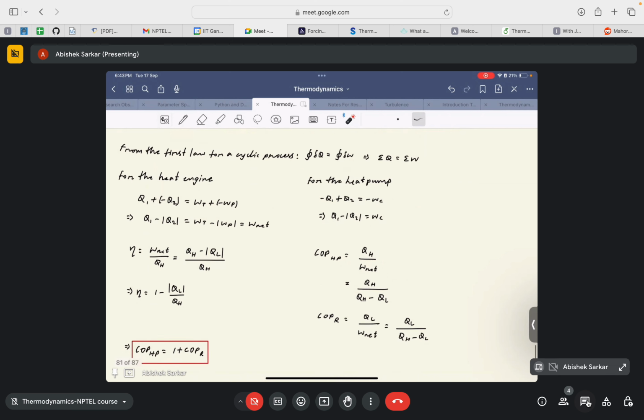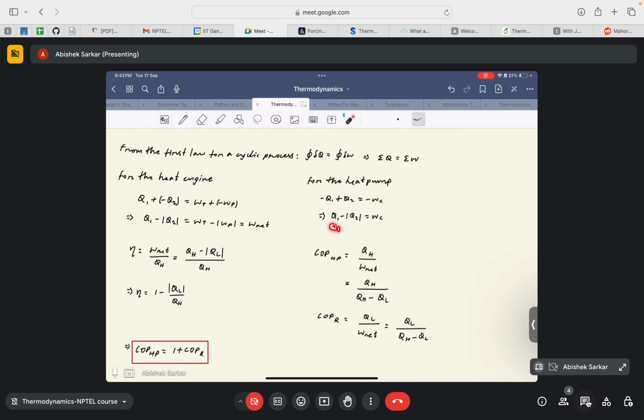So the COP of a heat pump is again the desired effect by the net work interaction. The desired effect is QH, because in the case of a heat pump it is the higher temperature interaction between the system and the surroundings that is of more importance. So the desired effect is QH, divided by W net, which is QH minus QL.